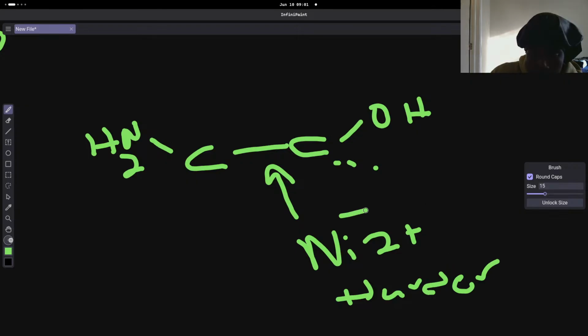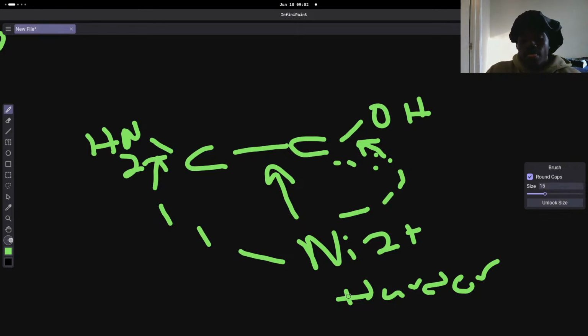So apparently cleaving this bond is harder because this also wants to cleave this one too.